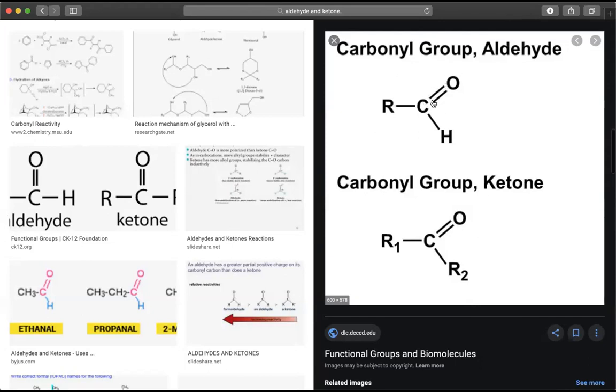For the ketone, it's supposed to be at position number 2. If you move it to position number 1, it no longer becomes a ketone, it becomes an aldehyde. An aldehyde always has CHO, the hydrogen always by the end.